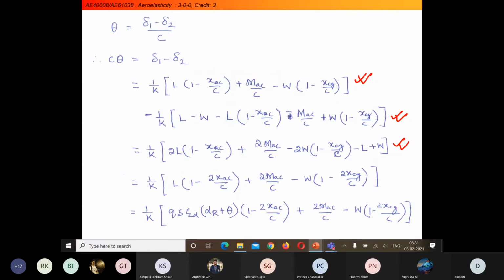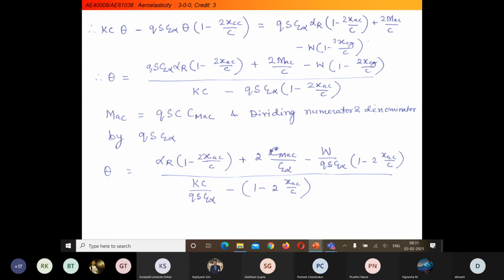Again, I am getting from here because it is alpha R plus theta. After solving for theta, we get this equation.